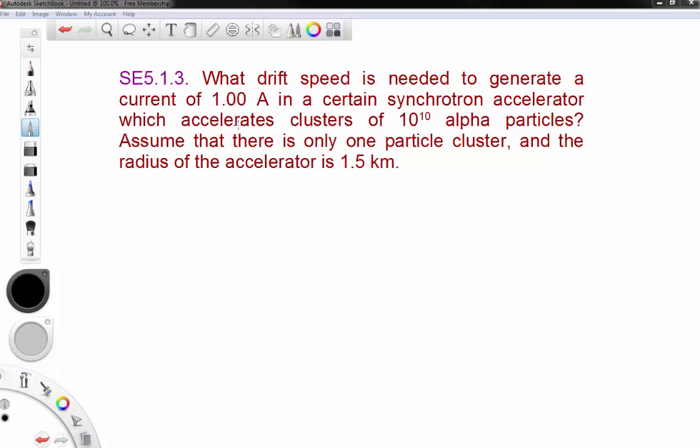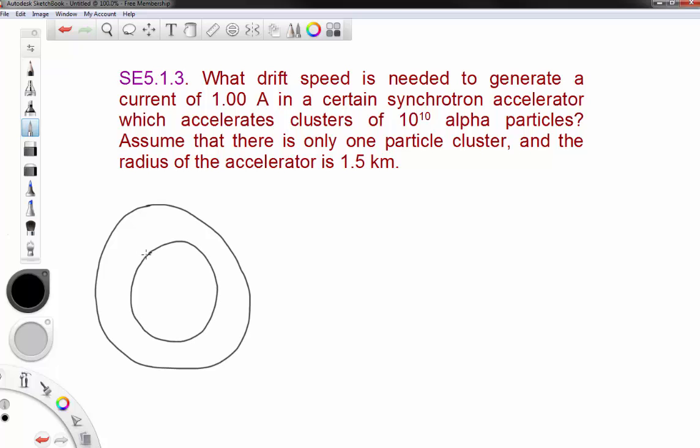Okay, for our third question, we have: what is the drift speed that we would need to create a current of 1 amp in a certain synchrotron accelerator which accelerates clusters of 10 to the 10 alpha particles? Maybe I should draw a rough diagram of what that would look like, by the way. Synchrotrons, although not of this size, are in fact a very useful type of particle accelerator. They are used experimentally in medical physics, for example.